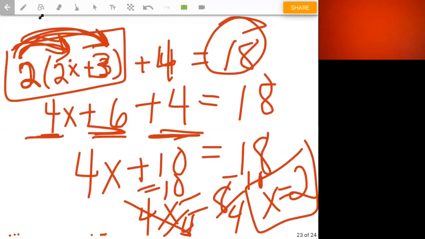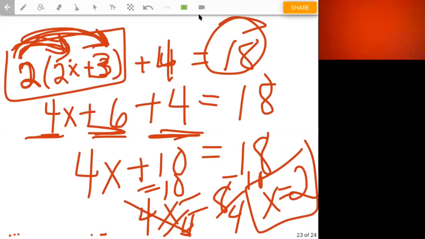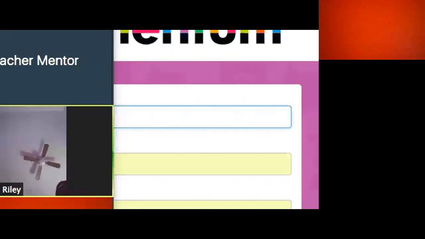My screen's frozen. Uh-oh. I don't know what's going on. Well, my screen went away, didn't it? Oh, okay. So do I need to sign back in?